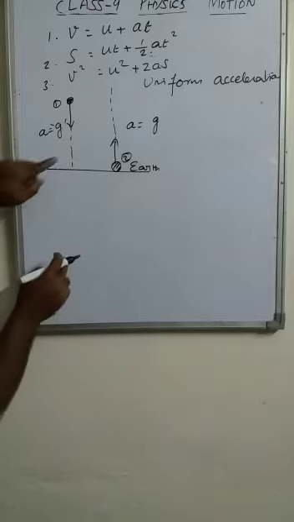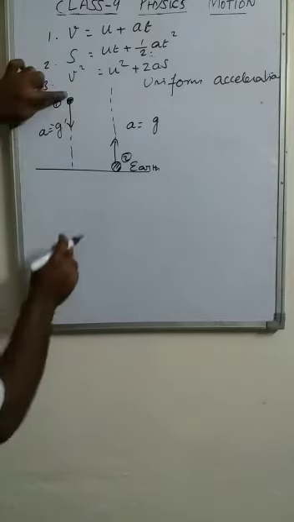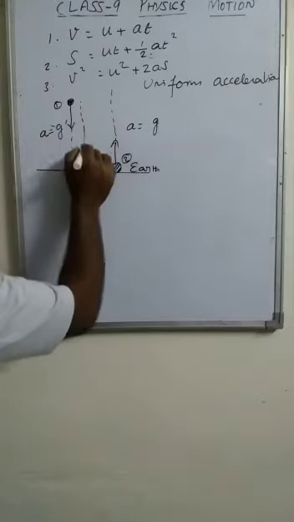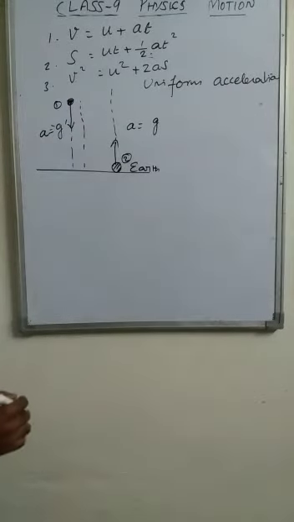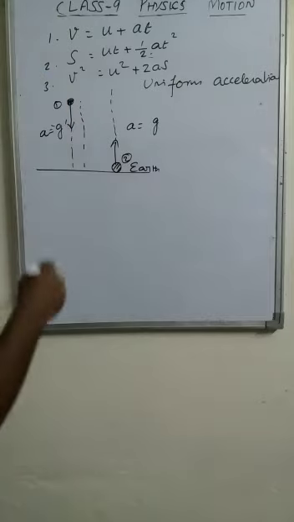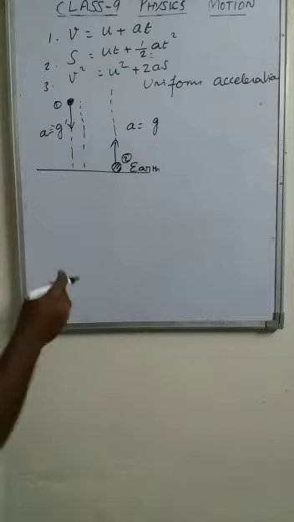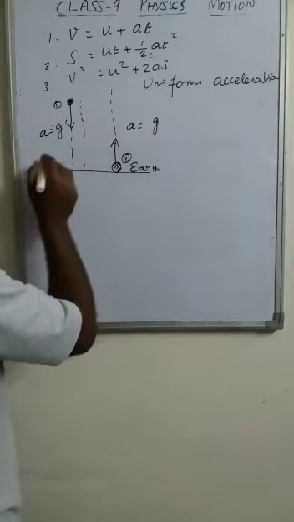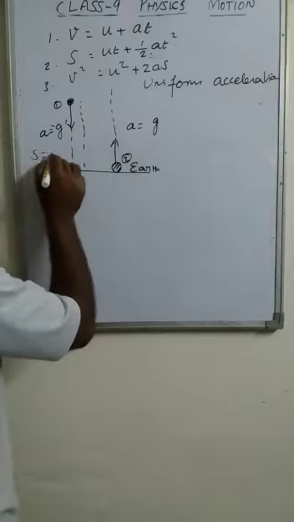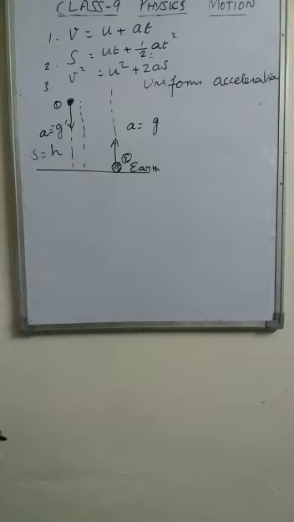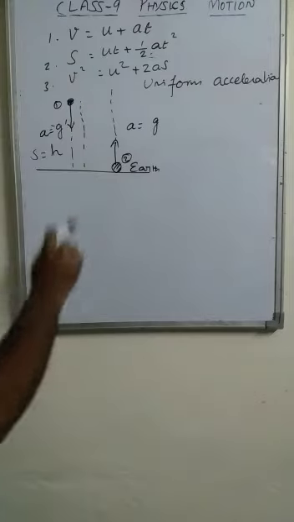In this case, the object is placed above the Earth's surface at some height, and that is the distance travelled. It may be s, or we can say it is the height also. Instead of distance, we can use the term height. The object is moving downward from this point.